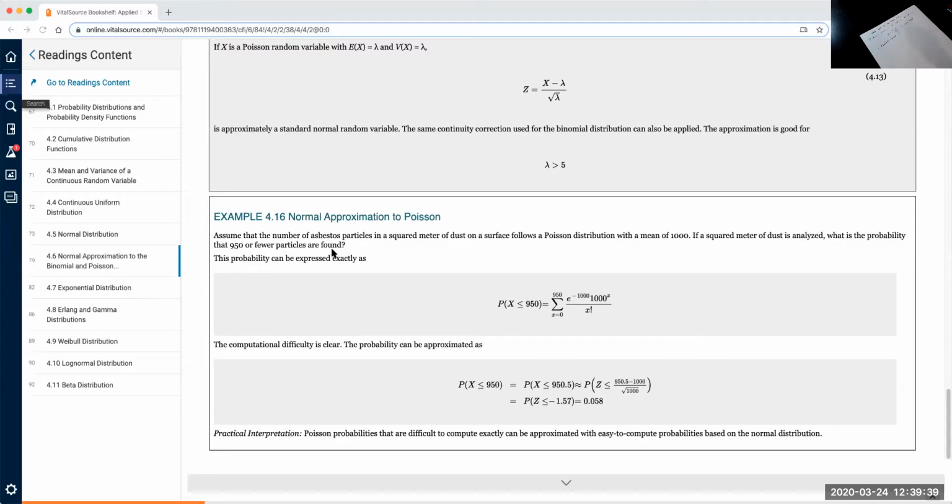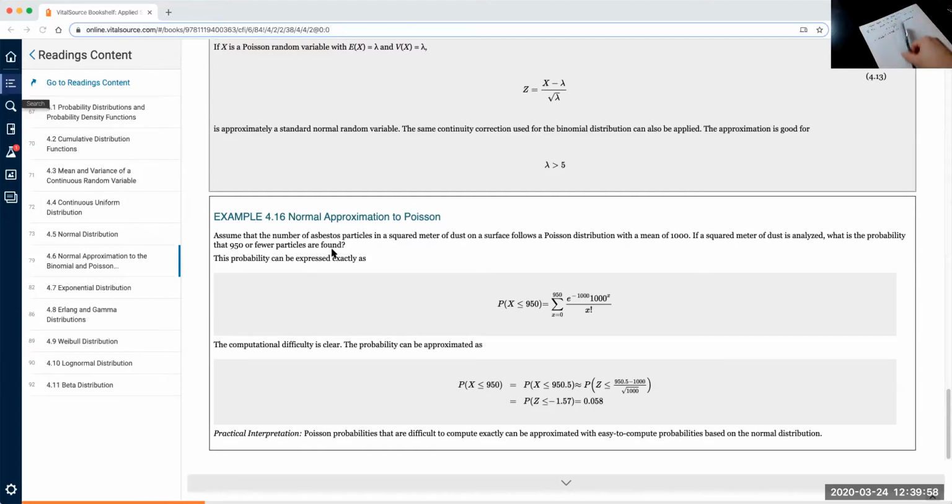So in this problem, lambda must be 1,000, right? And the length, in this case the area, is just 1.